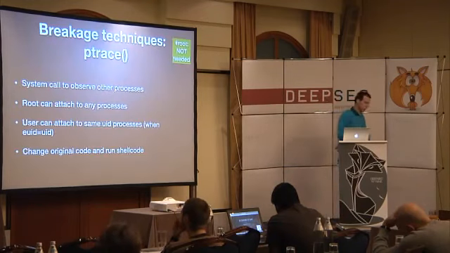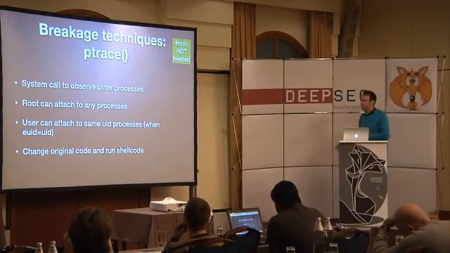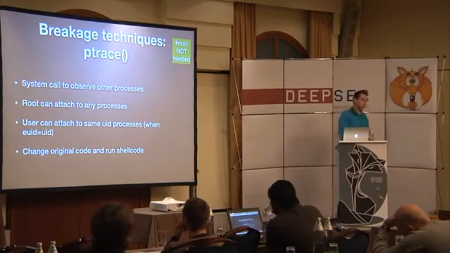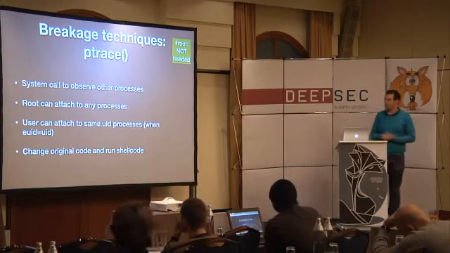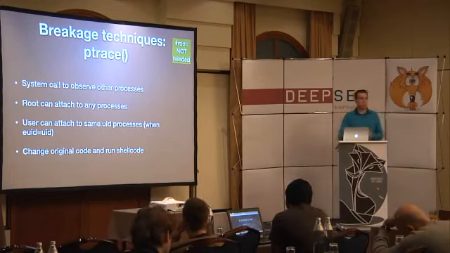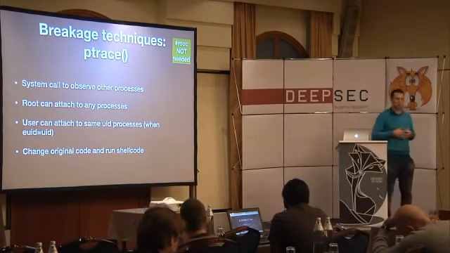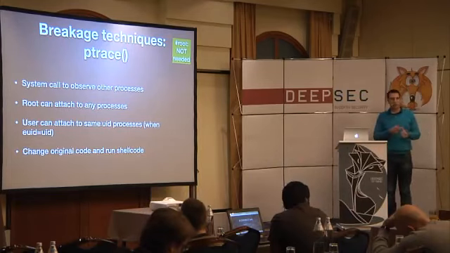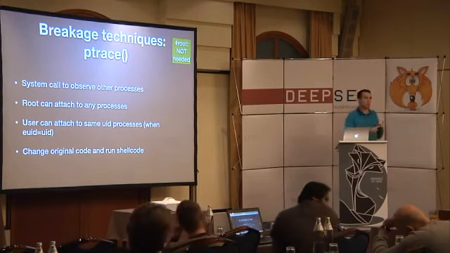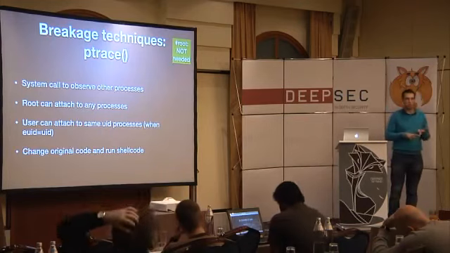And the last technique that I'm going to present you today is the ptrace. The ptrace is a system call again, but it's unprivileged. It's a really nice feature. I really enjoyed to play with this, because with this system call you can attach to other processes, and you can do different things with those processes. For example, you can get the registers of that process, you can set the registers of that process, or you can even replace the running code of that process.